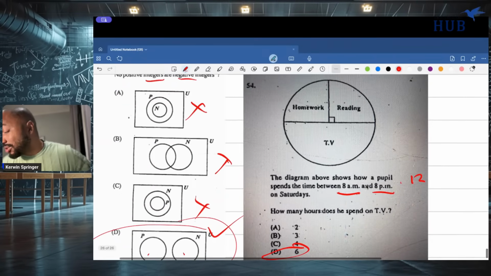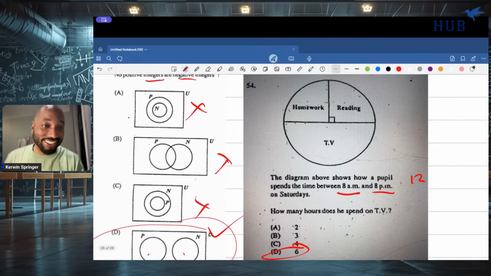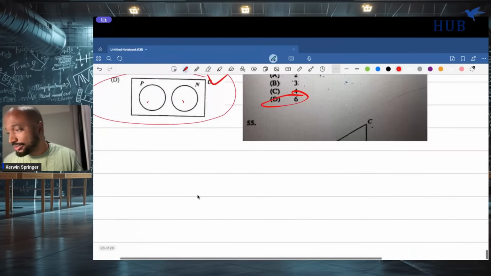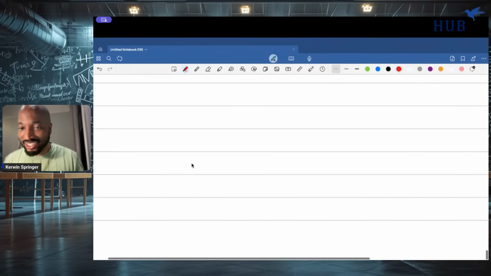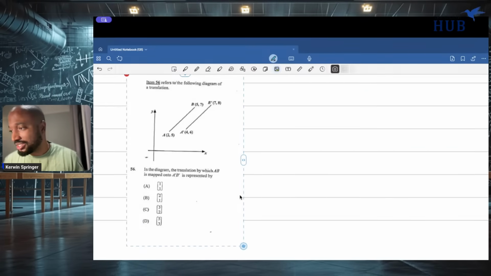Now, man, what's 6 hours of TV on a Saturday? You trying to get through a whole anime series, or that sound like somebody who watching One Piece? This man is a One Piece fan. Oh, it's time for me to roll out.